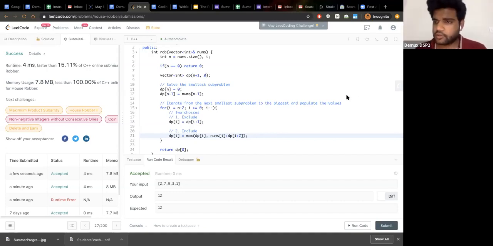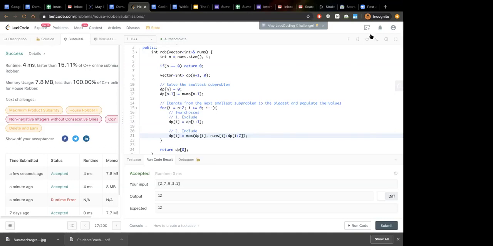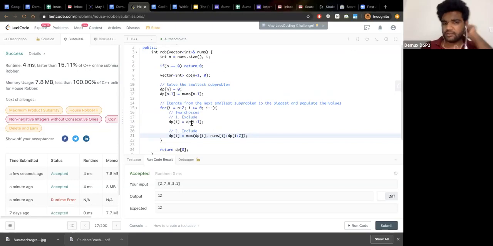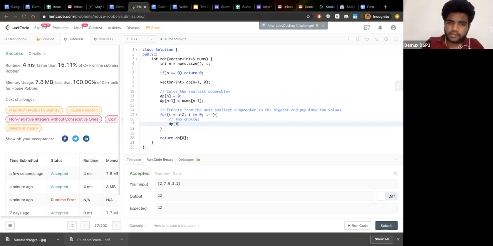Is the order of exclude and include important? Sir, the choice between first we excluded, then we included, do we have to exclude first and then include? No, it does not matter. You could simply have removed all this. Just write DP of i is max of: you either exclude it, so this is the one, or you include it.